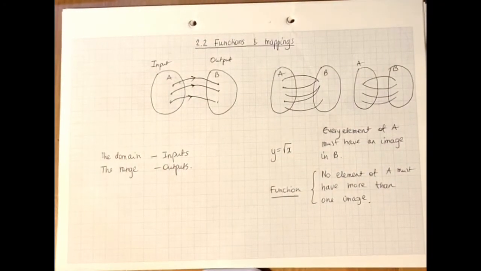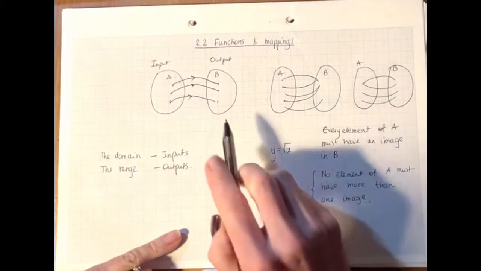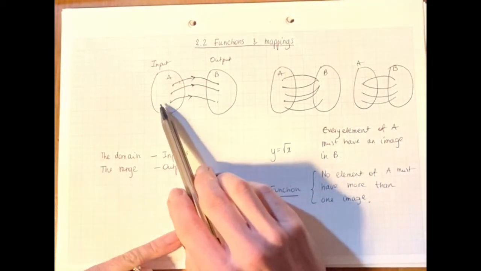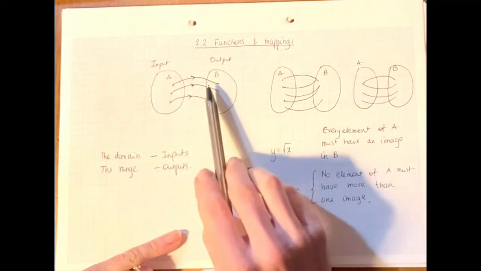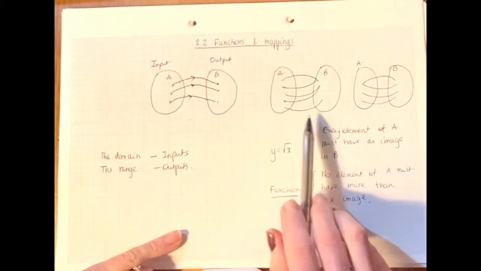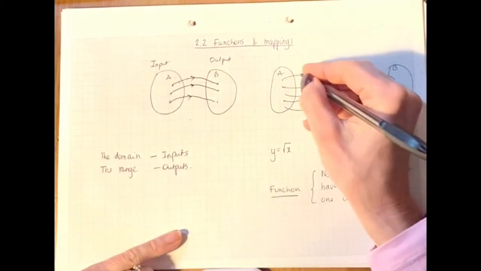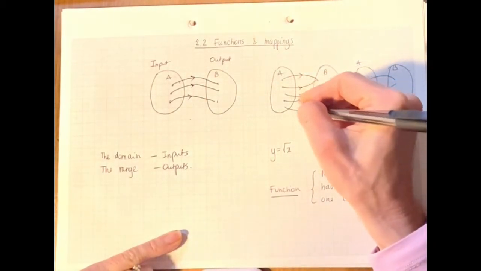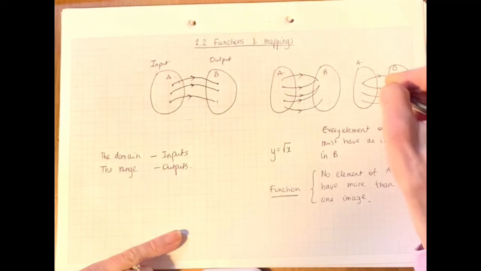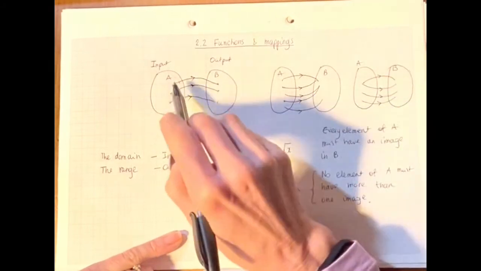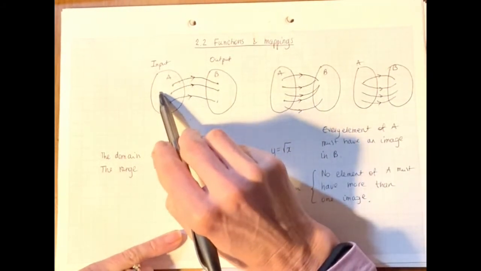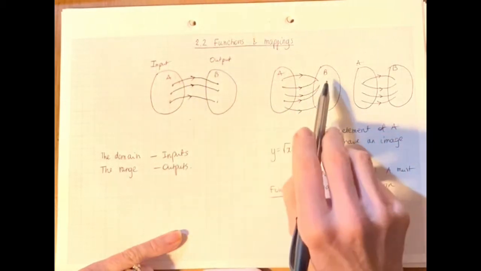Okay, so for a mapping to exist, another rule is that every element of A must have an image in B. So here, all of these examples that I've drawn are examples of mappings. These examples represent each set A as the input and each set B as the output.